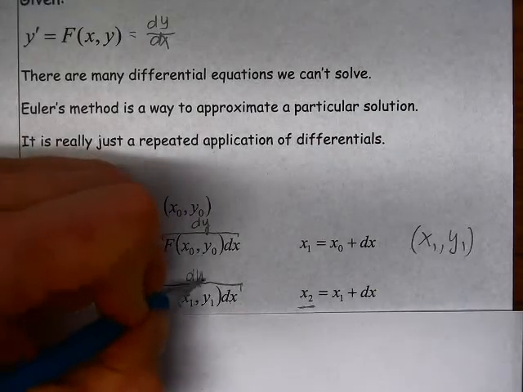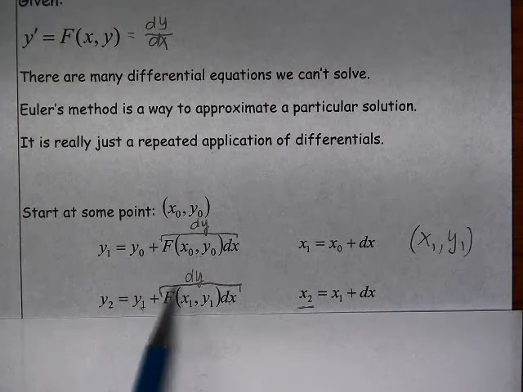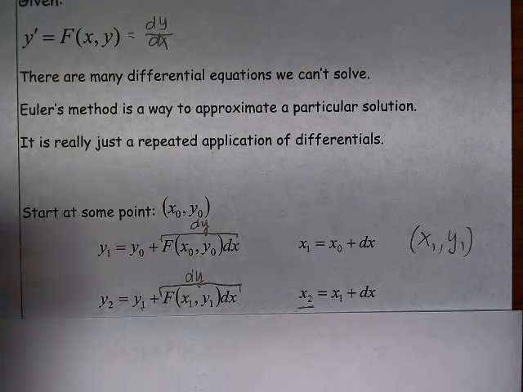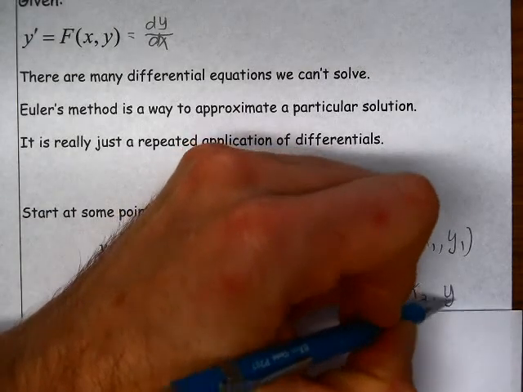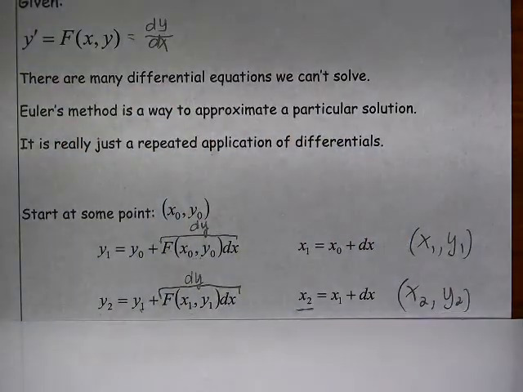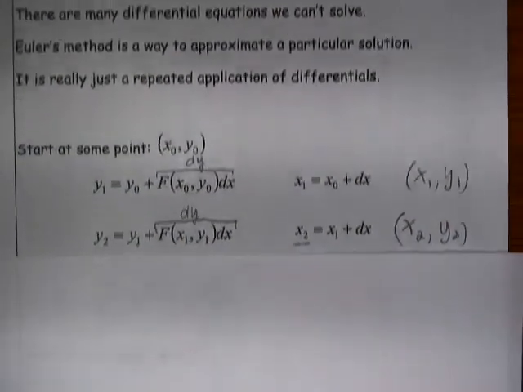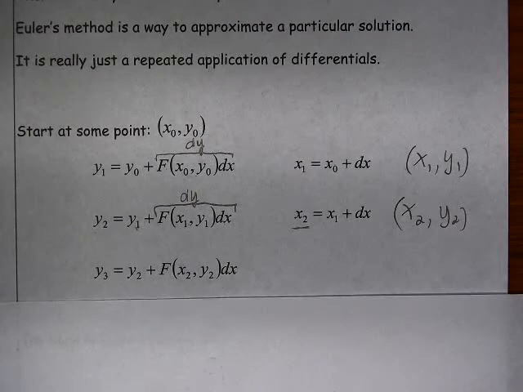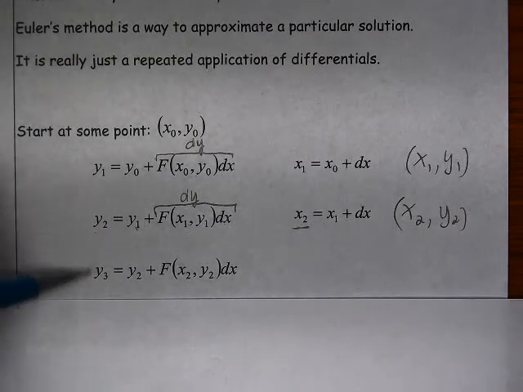This is our new dy. So the old y value plus dy gives us our new y value. Now we have the next point, and so on. So we can take as many steps as we'd like.